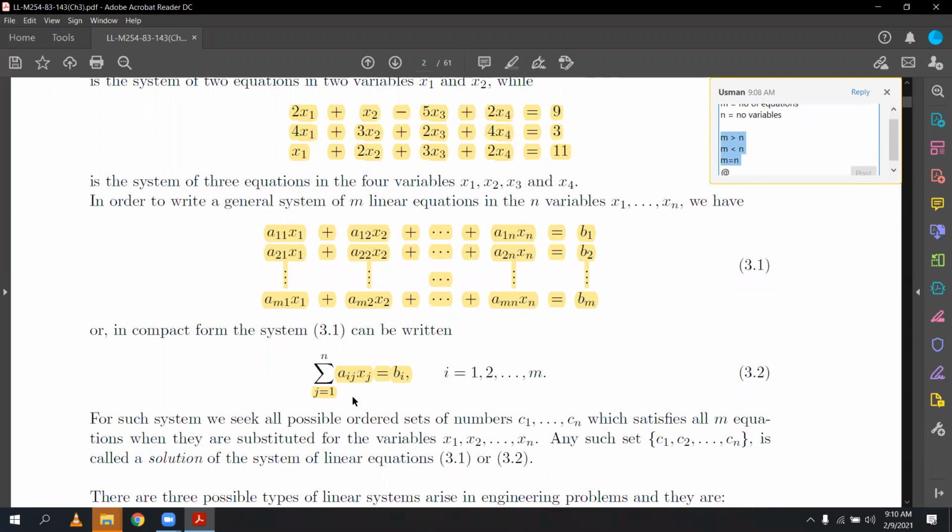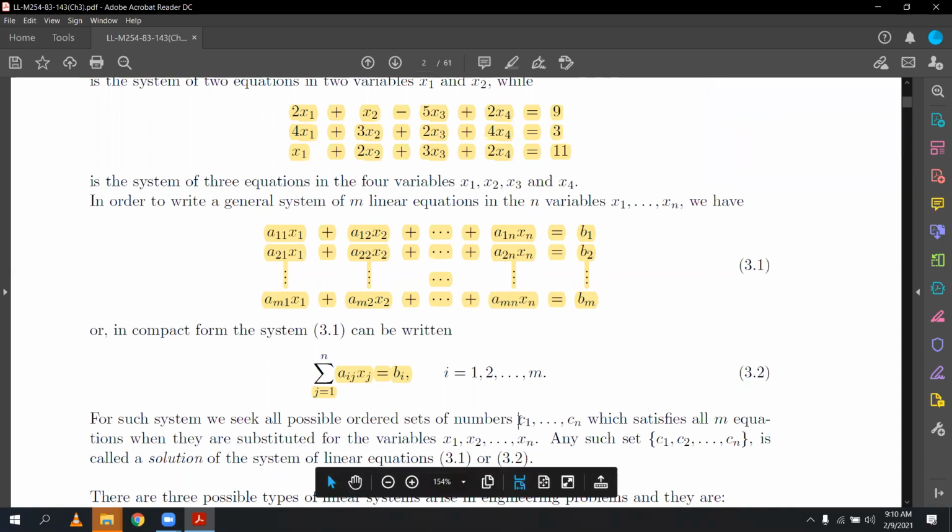Now, of course, we are given Bi and we are given Aij. The only thing we have to do is to find Xj. If we find Xj and say Xj equals Cj, that means X1 equals C1, X2 equals C2, X3 equals C3, and Xn equals Cn.